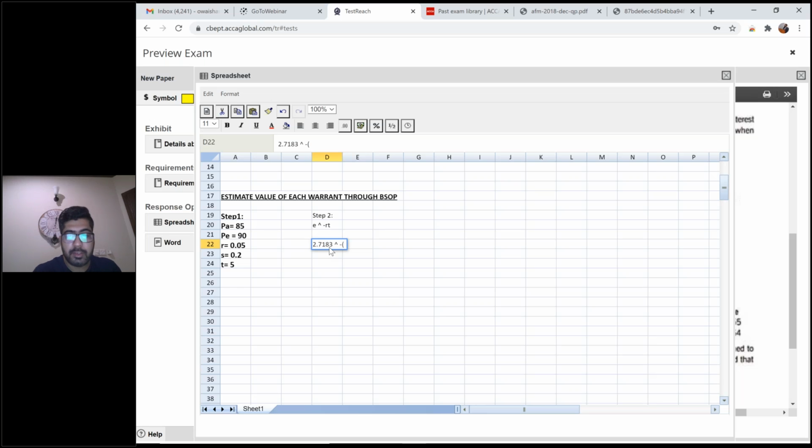Risk-free rate, 0.05, and T, the time to expiry, is 5. Okay, I can just enter it into a formula here to get it directly. 2.7183 power minus 0.05 times 5, okay, 0.77, etc.